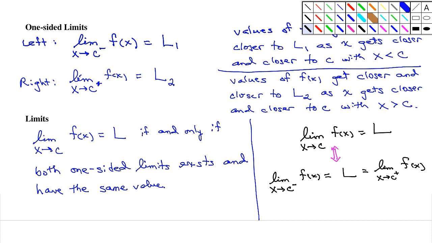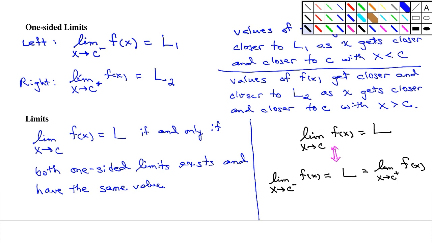So if the two one-sided limits are equal, they exist and are equal, then we can put those together as the two-sided limit, the whole limit, and make one simple statement. They have to be both equal to the same value.